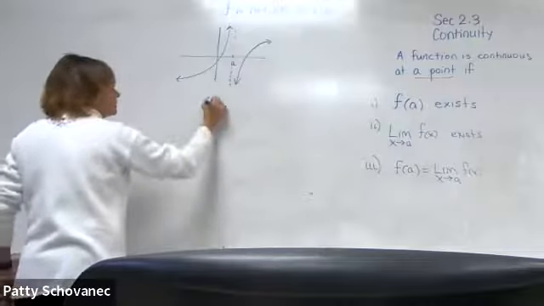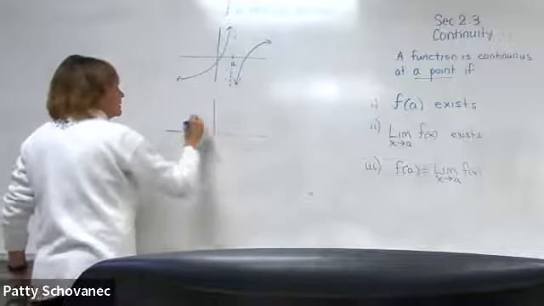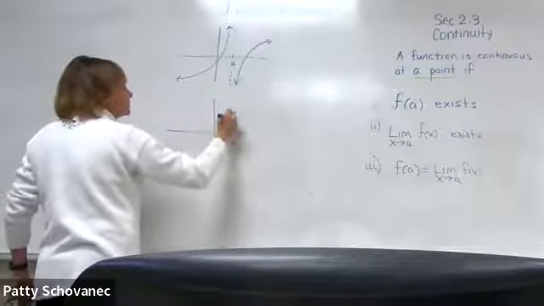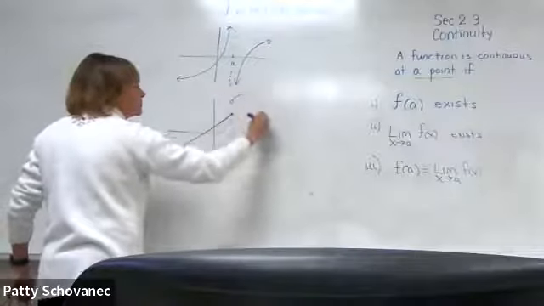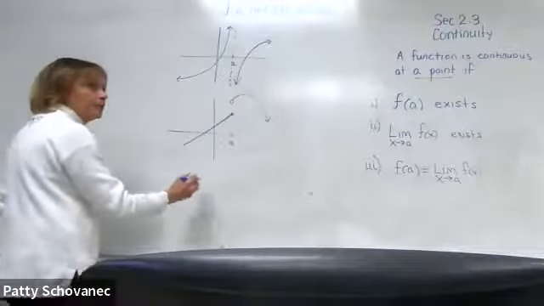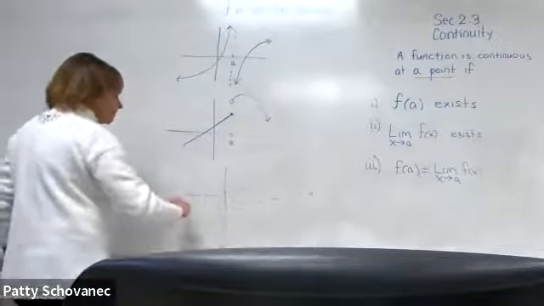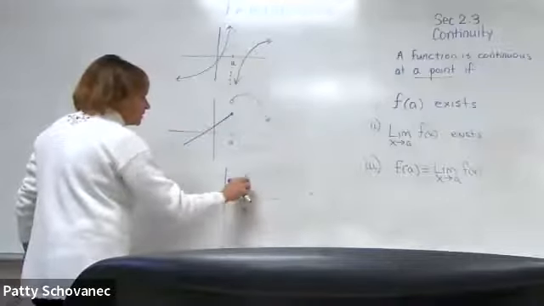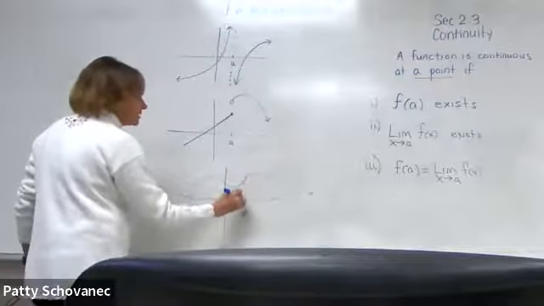The second one, here's x is a, and I'm going to put f of a right here. I'm going to make a jump in the graph. And then the third one, I'm just going to draw a graph where x is equal to a. I'm going to take a point out and move the point, say, to here.